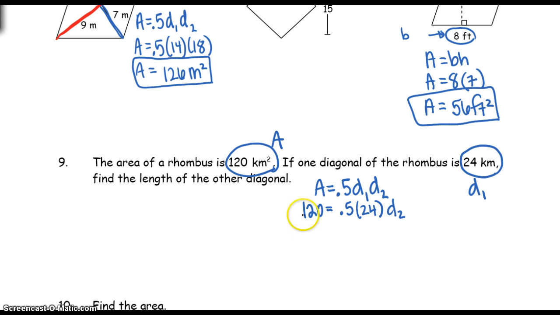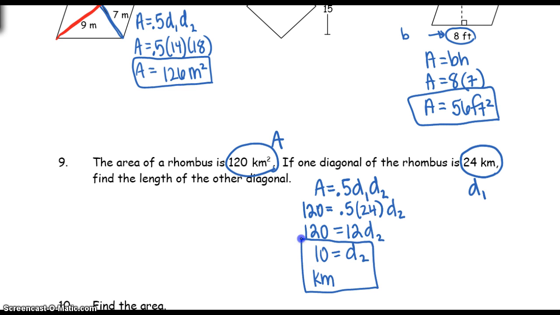So if we do 0.5 times 24, we get 120 equals 12 times diagonal 2. Inverse, division, we're going to get 10. So what is that? 10 what? Puppies? Happy faces? Killer clowns? No, kilometers. So diagonal 2 is 10 kilometers.